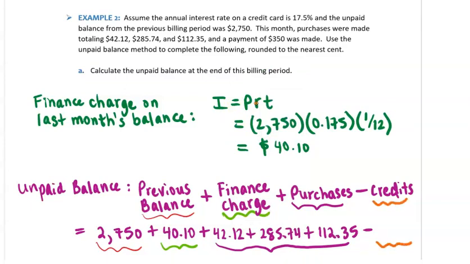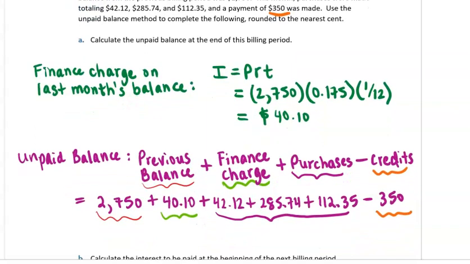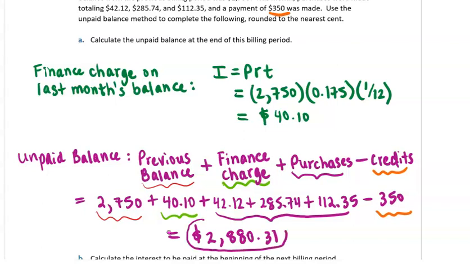And in this case, they're telling me that a payment of $350 is made. So that is going to be subtracted out. That's called a credit. This gives an answer of $2,880.31. So that is called the unpaid balance.